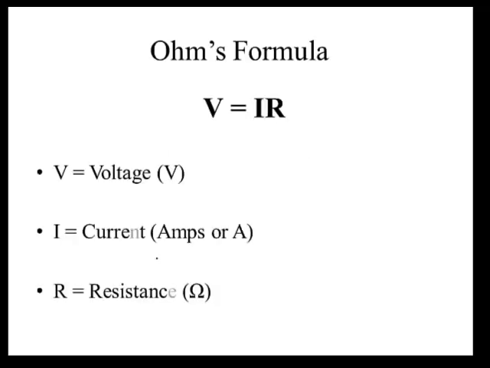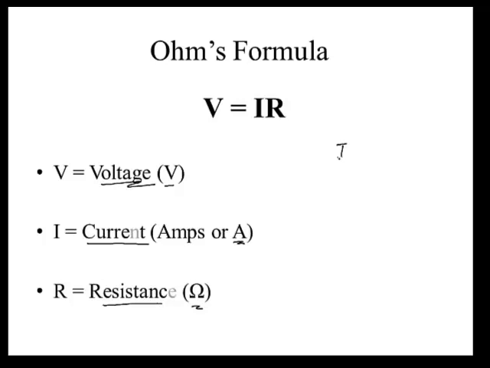So Ohm's formula is simply stated as this: V equals IR, where V stands for voltage in the unit volts, I stands for current in the unit amps, or represented by this A, and R stands for resistance in ohms. Now, I've seen many formulas for V equals IR.